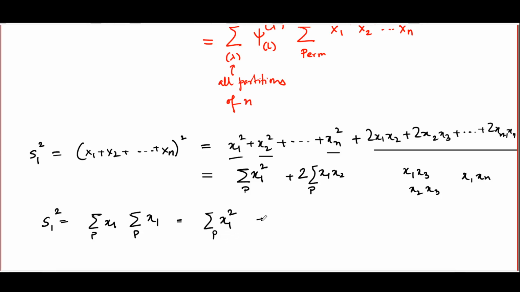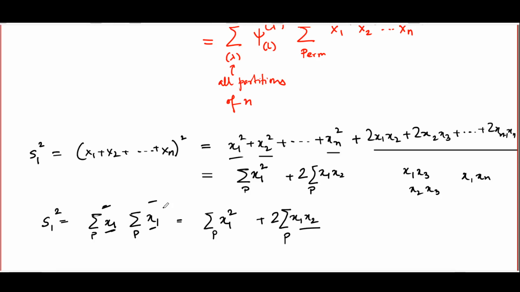Another term that you will get is when you take x1 from here and x2 from here, you will get x1, x2. Of course, because of the permutation symmetry, all possible distinct permutations will also be counted. But now you have to be careful. In how many ways can you get the exact term x1, x2? That you can get by taking x1 from here and x2 from here. You can also get that by taking x2 from here and x1 from here. So this actually comes in twice because a given term like x1, x2 specifically comes twice.